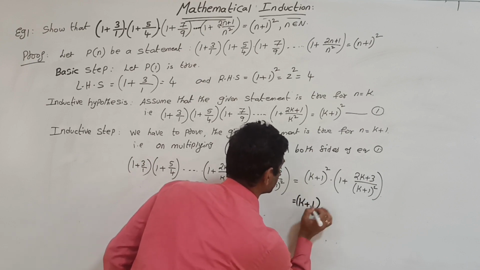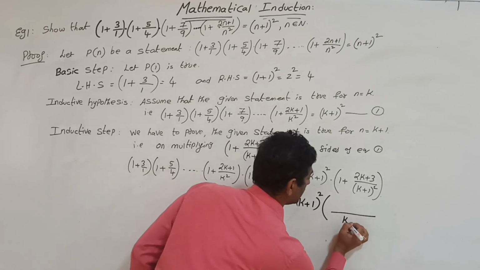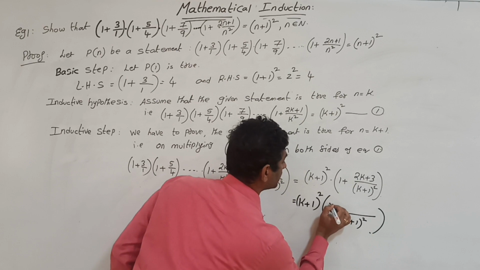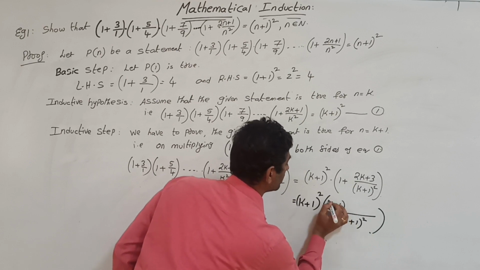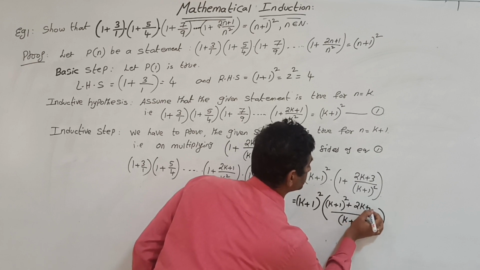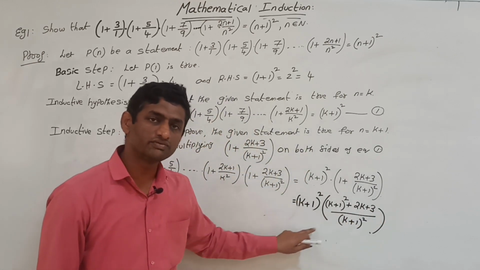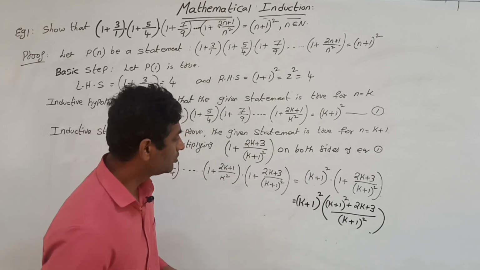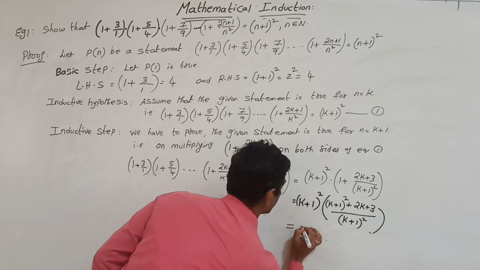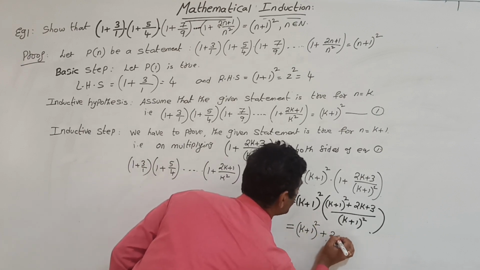K plus 1 whole square into, what is the LCM? K plus 1 whole square is the LCM, and the numerator will be k plus 1 whole square plus 2k plus 3. Now k plus 1 whole square, k plus 1 whole square will get cancelled, and you will be left with k plus 1 whole square plus 2k plus 3.